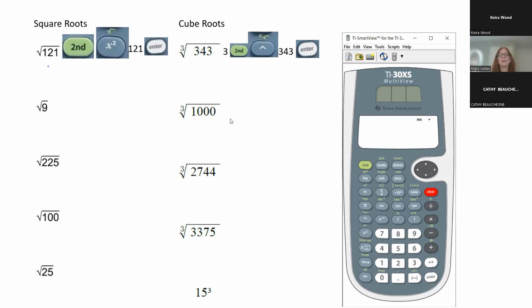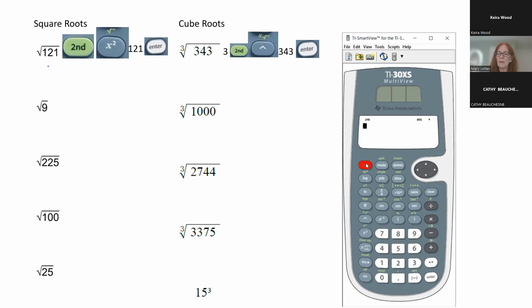Switch over to this side, and these are cube roots. The square root means what number times itself will give us that 9. The cube root is what number times itself 3 times will give us that value. This up arrow button will allow you to put another number in besides square root, like a 2 here.